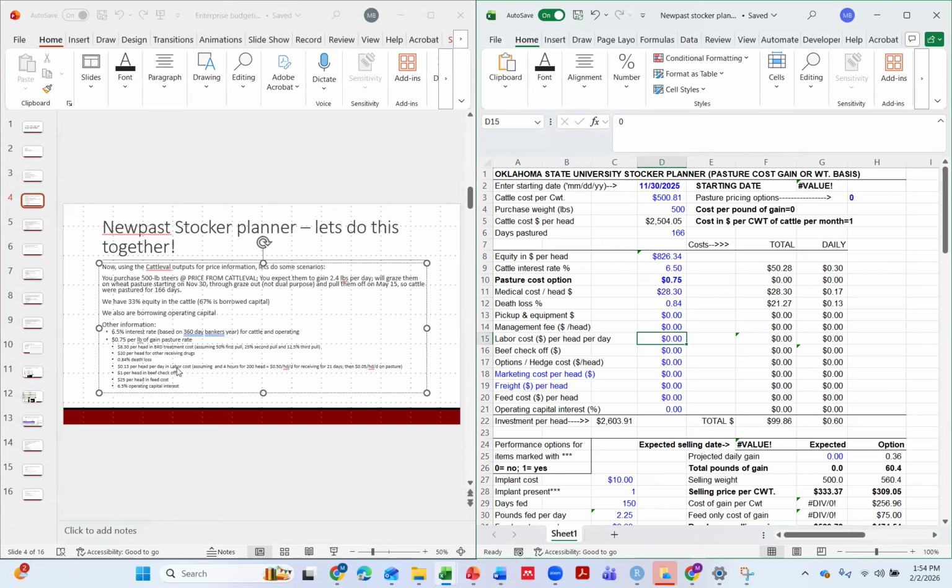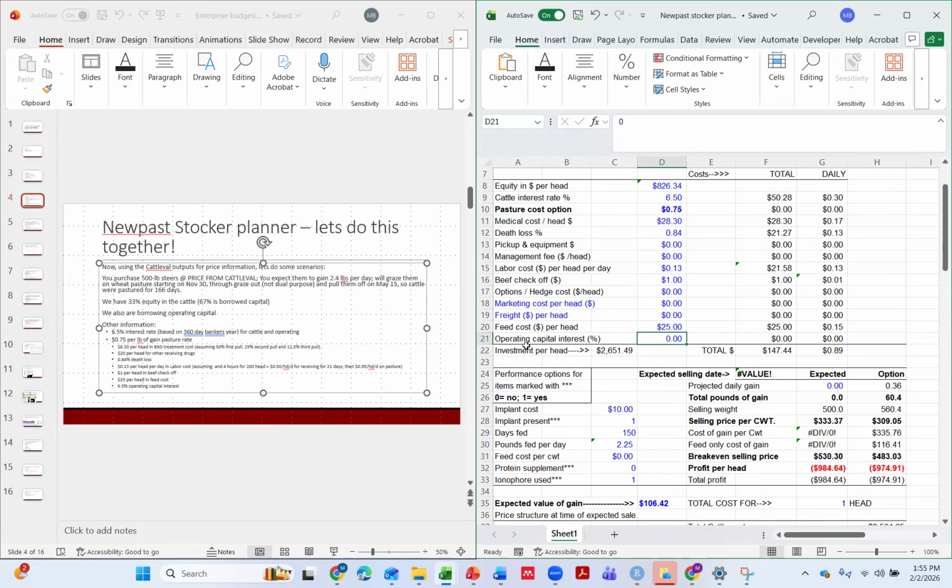Our labor cost per head per day we said was going to be 0.13, so 13 cents per head. $1 for the beef checkoff. We're not hedging or doing any options. We're not spending any extra money on marketing. We're not going to consider freight costs for this one. Our feed cost we said was $25 per head.